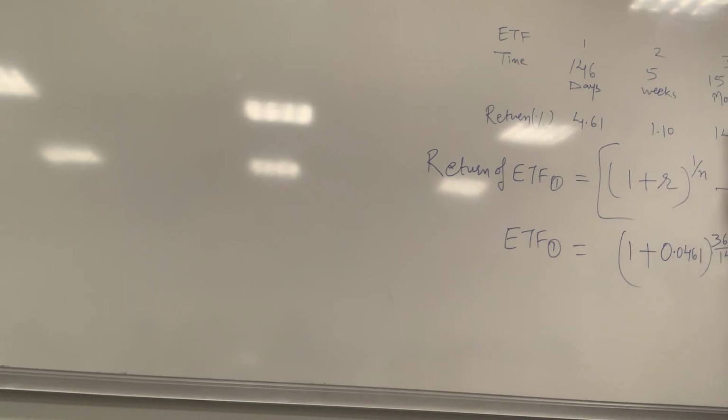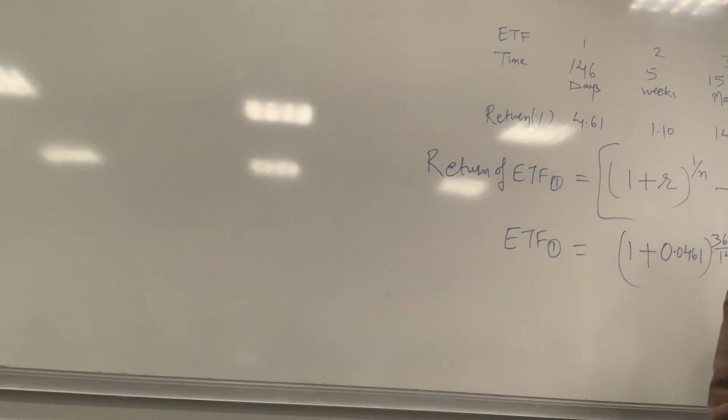If given in terms of months, in place of 1 we write 12 months divided by 15 months. And if given in terms of quarters, in place of 1 we write 4 quarters divided by whatever is the given number of quarters, maybe 1 quarter, 2 quarters or 3 quarters.